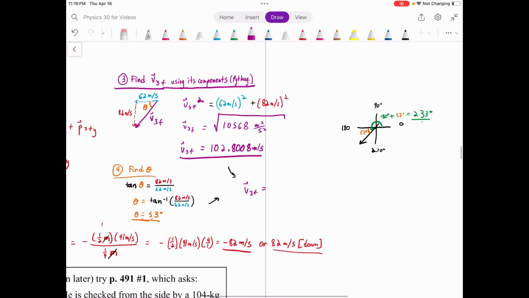So we're going to write this as 1.0, because a 2 follows, so we'll round it down to a 0. 1.0 times 10 to the power of 2, so about 100, to 2 significant digits, meters per second, at an angle of 233 degrees. Okay, and there we go. That is a complete answer for the final velocity.